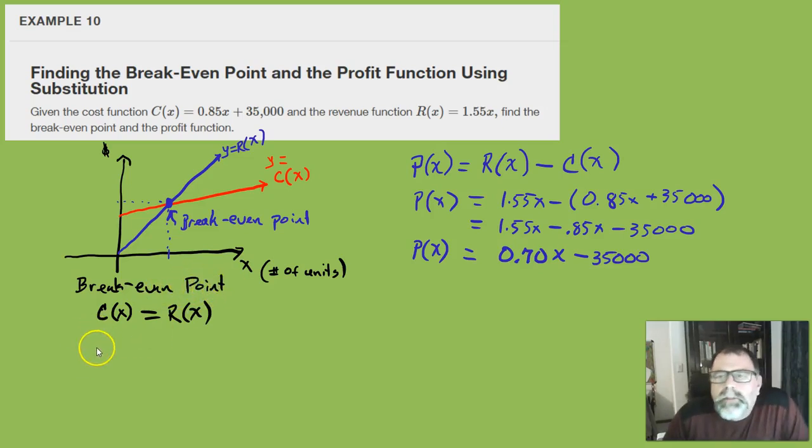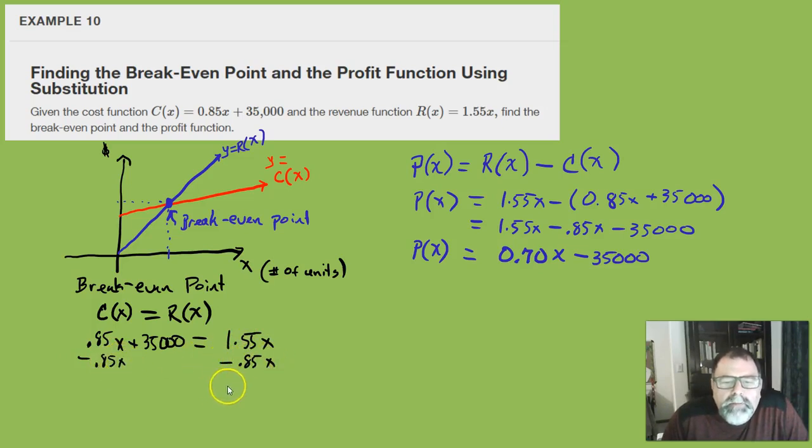Okay, so how much do you have to sell and produce to break even? So let's see, C of X is 0.85X plus 35,000 equals R of X, which is 1.55X. We're going to subtract 0.85X from both sides.